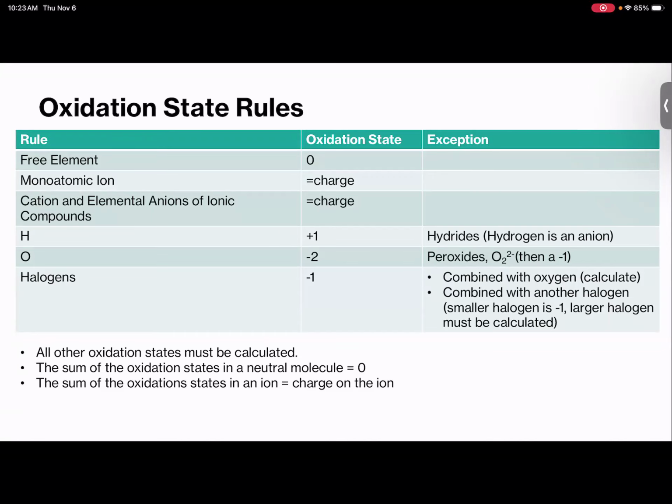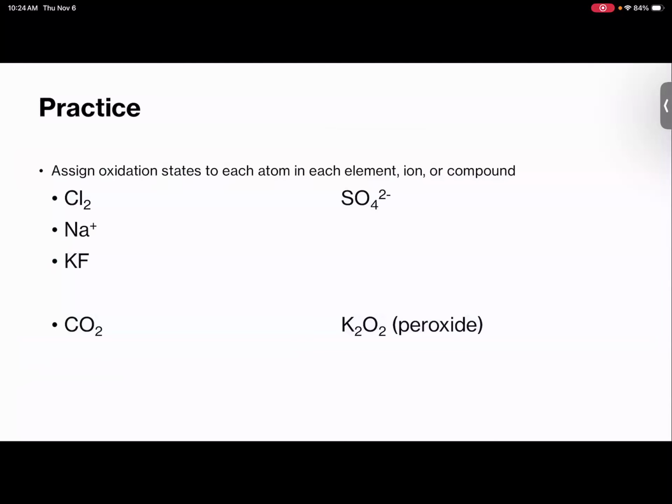But if the compound is charged, like for a polyatomic ion, then the algebraic equation is set equal to the charge on the ion. So let's look at some examples.